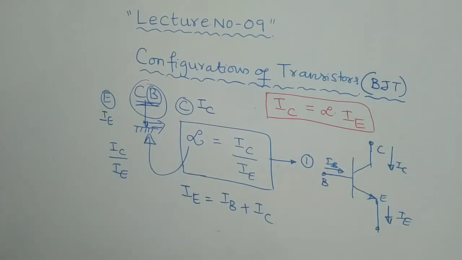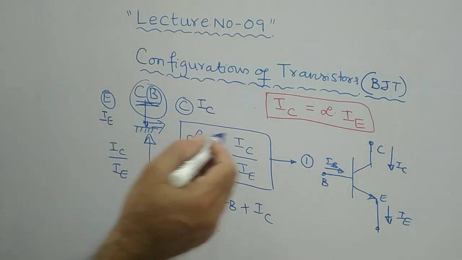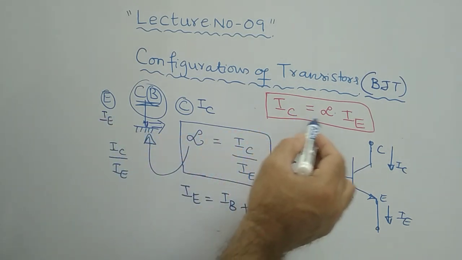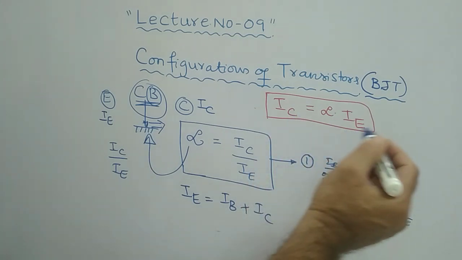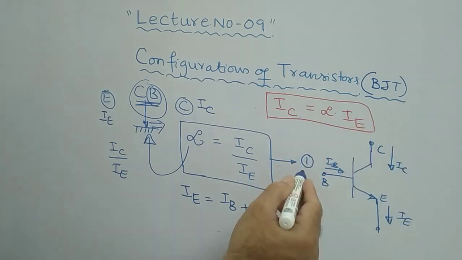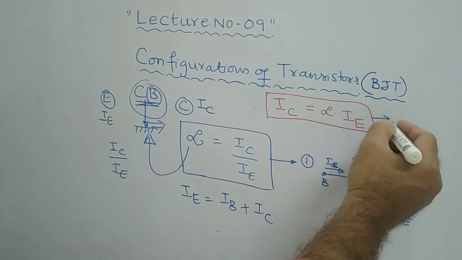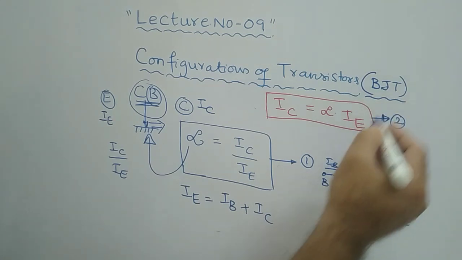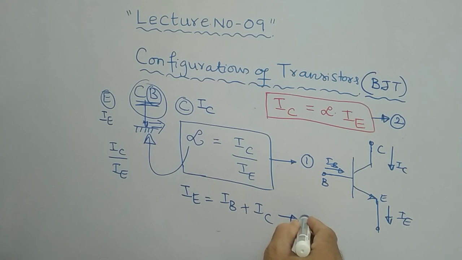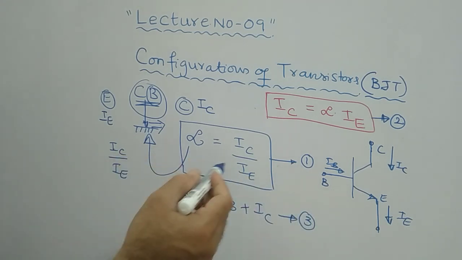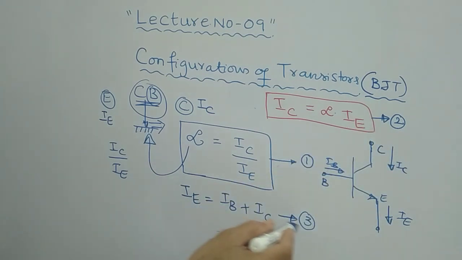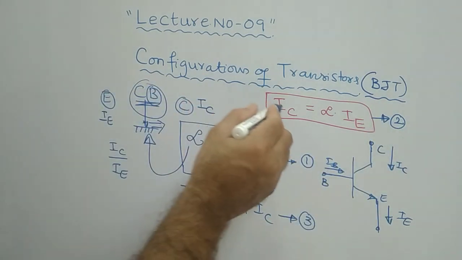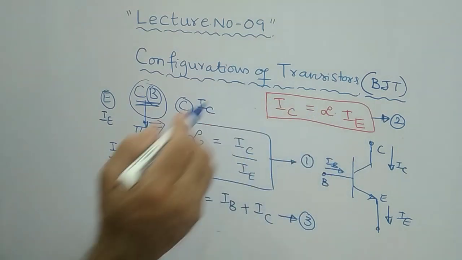Now what is IC? You can take alpha relation as equation 1, IE equals IB plus IC as equation 2, and the next one as equation 3. Now substitute the IC value, IC is equal to alpha times IE.